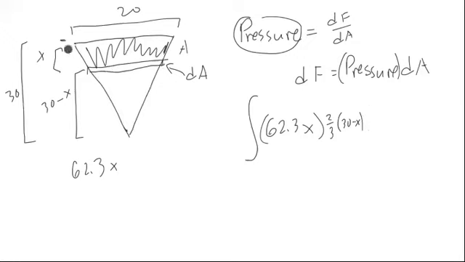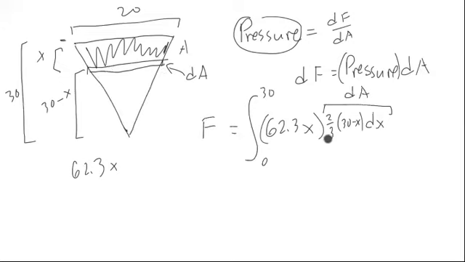All right. So 2/3 times 30 minus x would be this length. And then we want to take that length and multiply it by dx. That is dA, and that's exactly what I wanted. And x is going from 0 to 30. This little computation will allow us to find the total force on the dam.